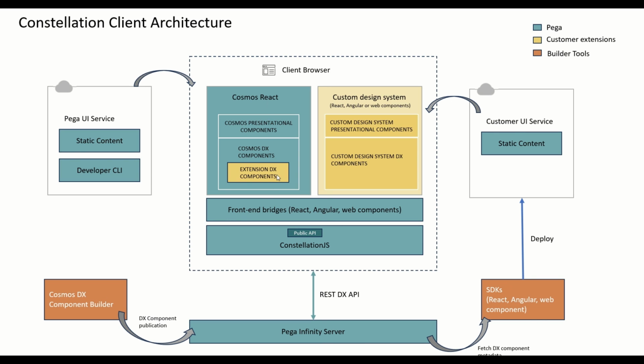What if there is a need within that Pega Cosmos design system, the DX components are not sufficient, maybe we have to create a couple more to satisfy customer needs. That is when we have to do an extension, we have to create an extension DX component. We will take a look on how to do that, or about the process of how to achieve that in the next video.